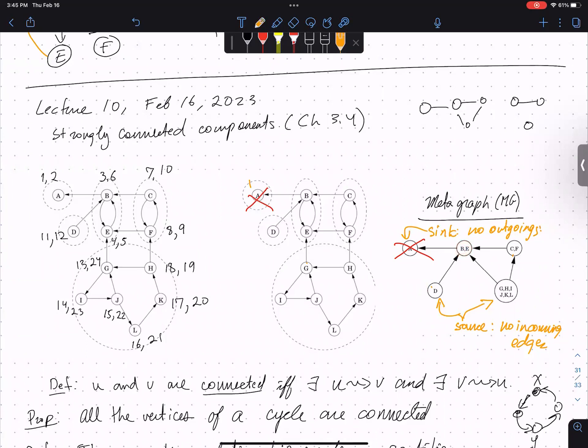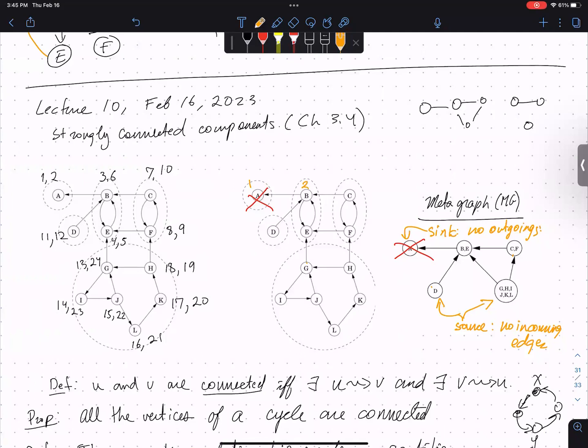So let's start from a vertex in this new sink. We repeat what we did before, but now we've removed what we found from the graph. Now we look at the sink component BE and we start from some vertex in there. So let's say we start from B. We mark it with 2 because we're now starting the second round.